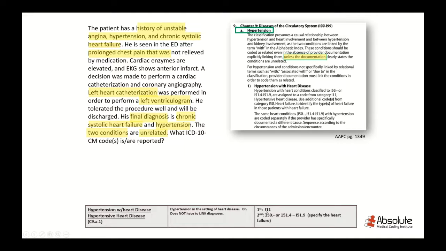There's actually a code category for that, I11, for hypertensive heart disease. Hypertension in the setting of heart disease is usually coded together. But because of this one word here, what is that word again in your keywords? That alters this golden rule.